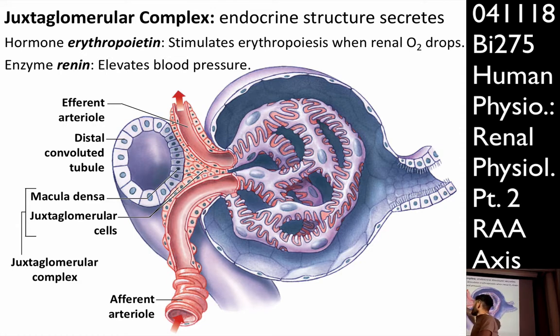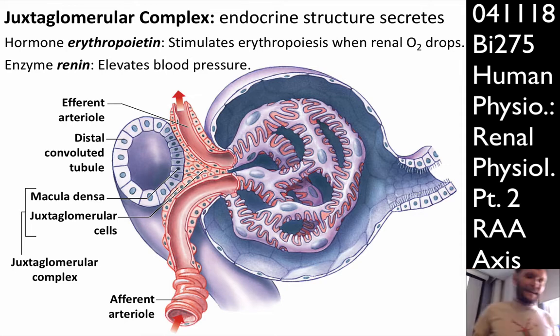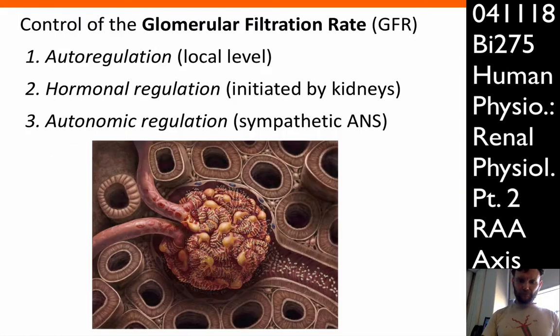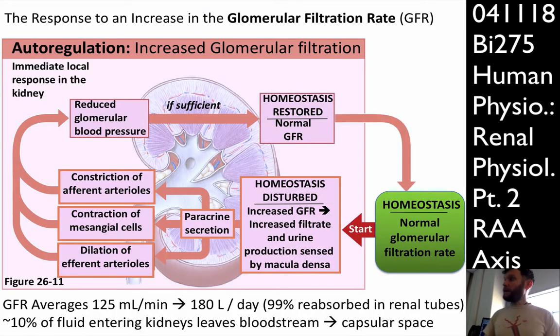All right. So if there's increased urine production, the macula densa is going to recognize that, and it's going to interact with the juxtaglomerular cells, which are going to initiate paracrine secretion. All right, there's going to be hormone production.